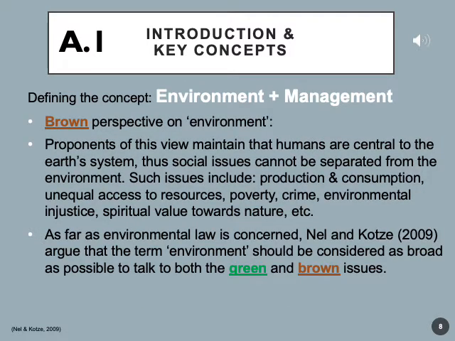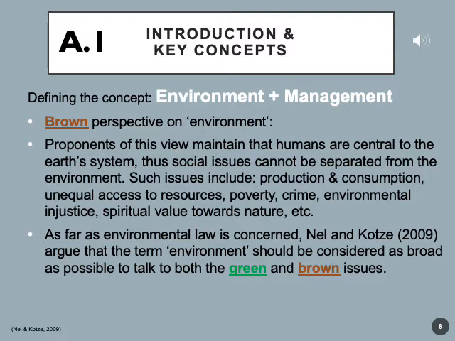When we look at the brown perspective on environment, proponents of this view maintain that humans are central to this Earth system. Right, we're also organisms. Thus, the social issues cannot be separated from the environment.